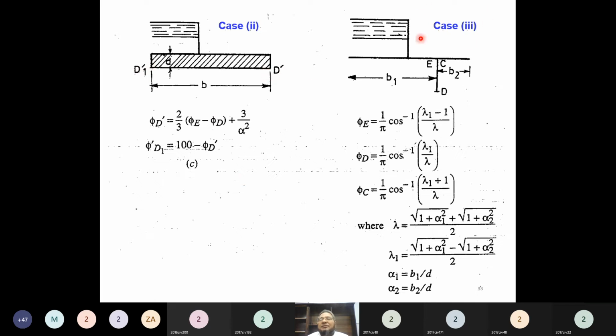Now what is the case 3? There is an intermediate sheet pile, and now these points are E, D and C. Now B was the total length of the concrete floor. अब इसने क्या किया है, B1 is the length of concrete floor upstream of the intermediate sheet pile, and B2 is the length of the concrete floor on downstream of the intermediate sheet pile.